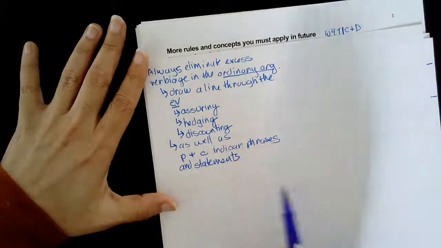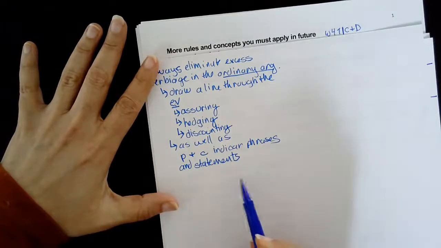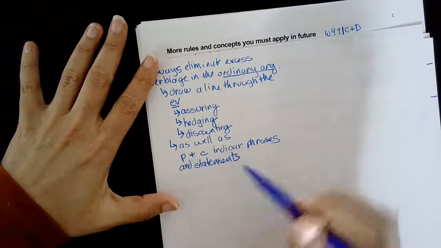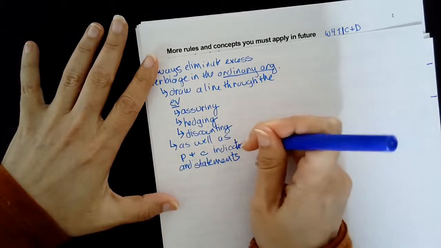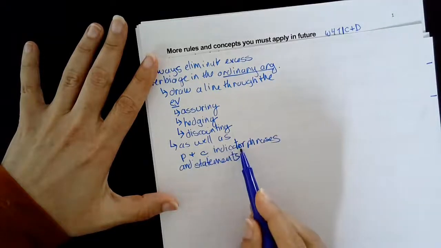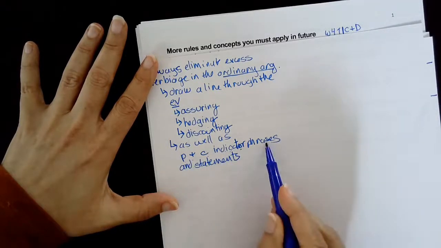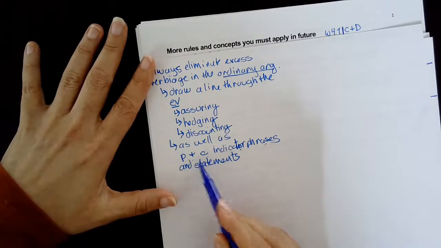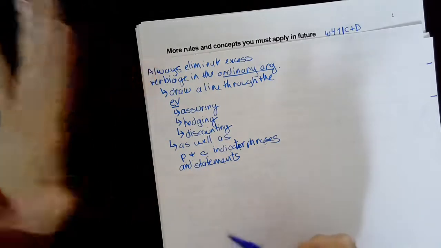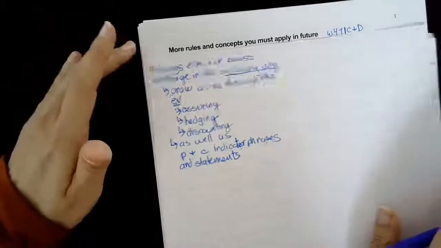And I already went through some examples of premise and conclusion indicators. I also gave you two examples of what something might look like when the entire statement is a premise or conclusion indicator.